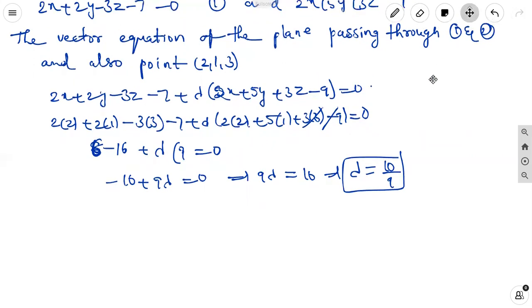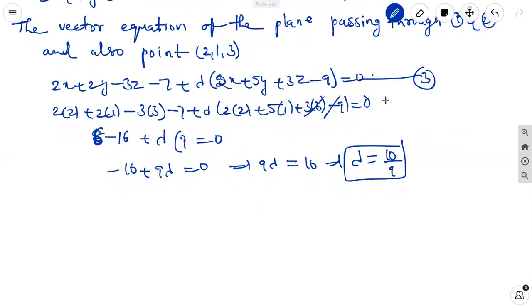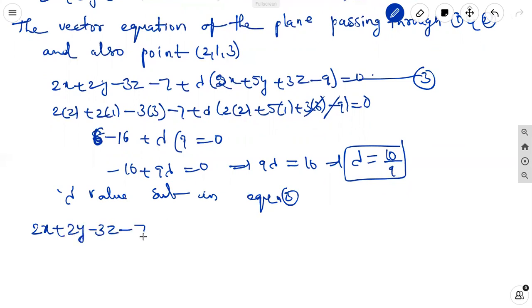Lambda value substitute in equation 3: 2x plus 2y minus 3z minus 7 plus 10 by 9 into (2x plus 5y plus 3z minus 9) equal to 0.